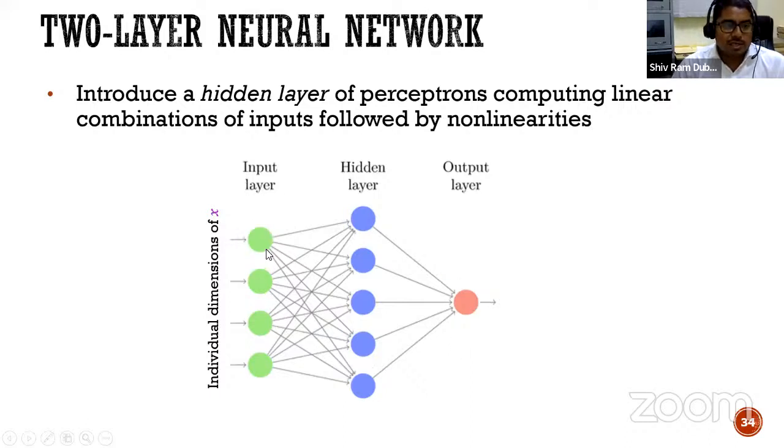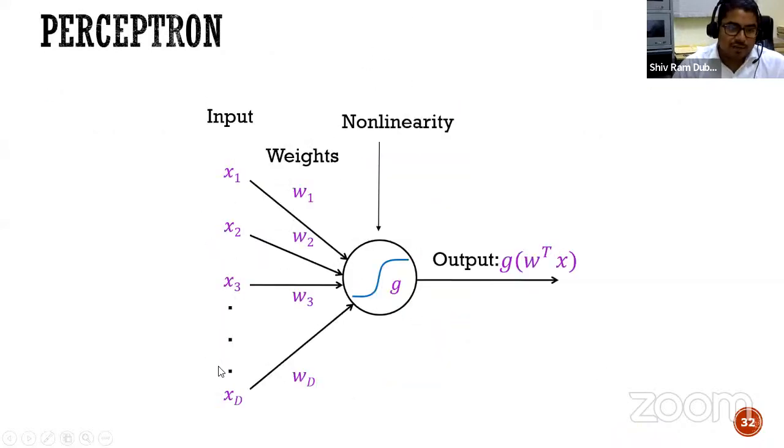Now here you can see we have the neurons, and this input layer is basically the dimensionality of the data. These are the input features coming in: x1, x2, x3, and xd. Now we can have a hidden layer. In the case of the perceptron, we directly fed the input to the perceptron, and its output was the final output.